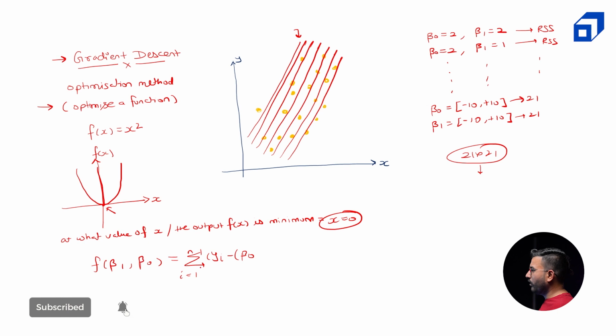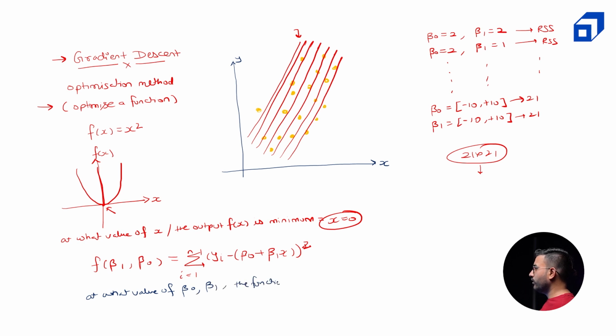So beta naught plus beta 1 of x to the whole square. So using the concept of gradient descent, I can find out at what value of beta naught and beta 1 the function is minimum.